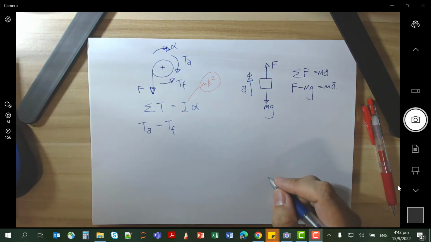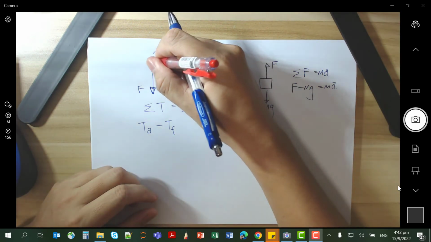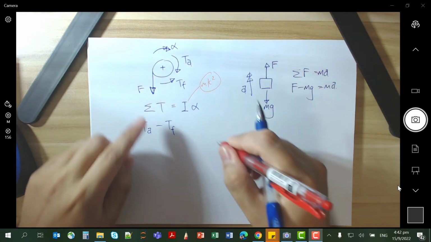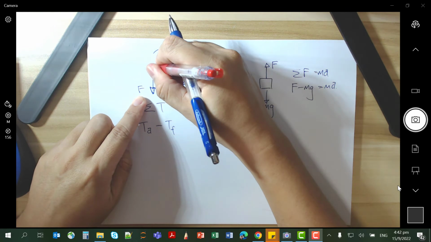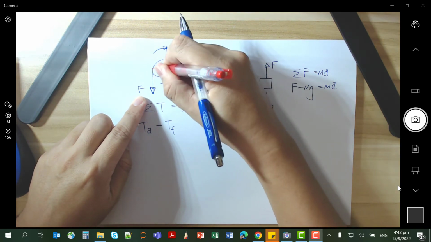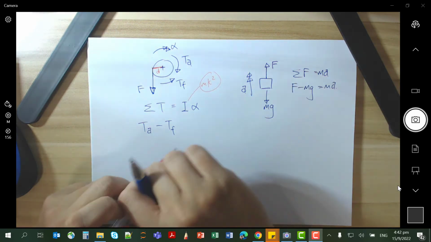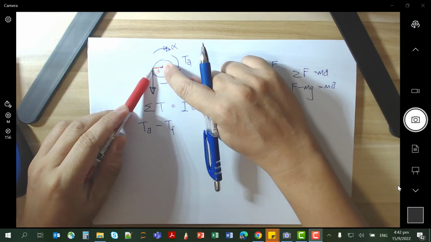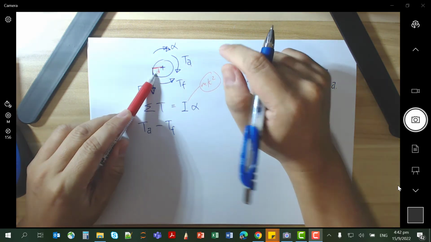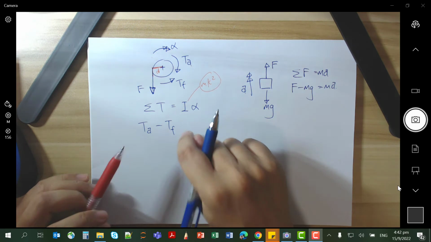We have one last torque, and this torque is caused by the tension, because there is a force times a distance here. This is the distance d, the radius of the shaft. So F times d is the one last torque we need to add here.